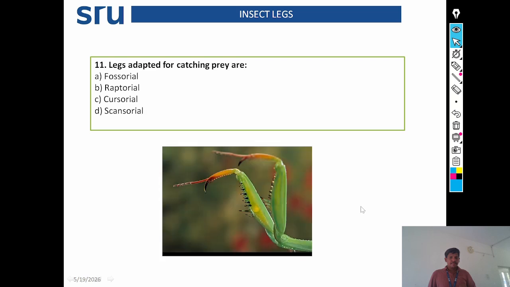Legs adapted for catching prey are Fossorial legs, Raptorial legs, Cursorial legs, or Scansorial legs. Your correct answer is the Raptorial legs. These are there in mantids, praying mantids.